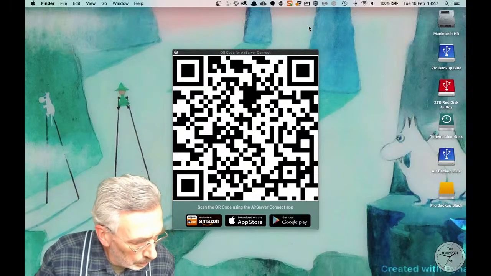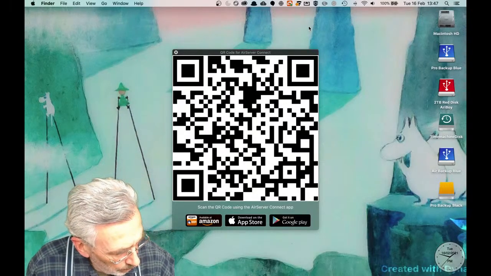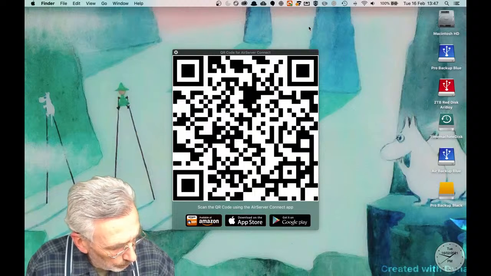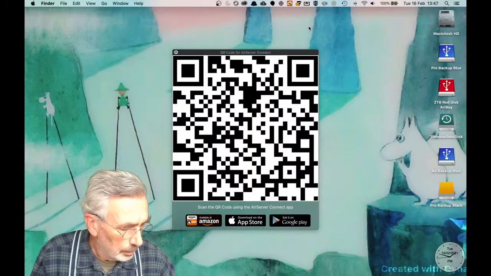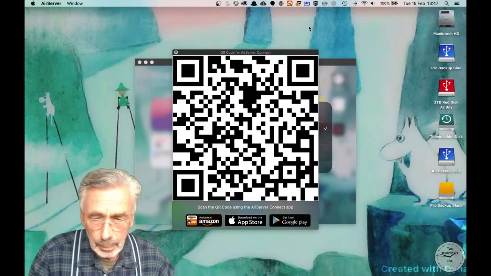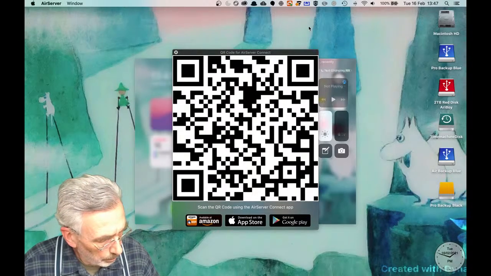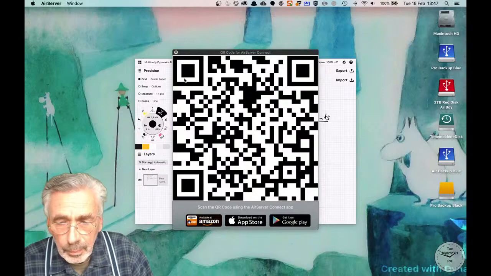Okay, there we go again. Screen mirroring.